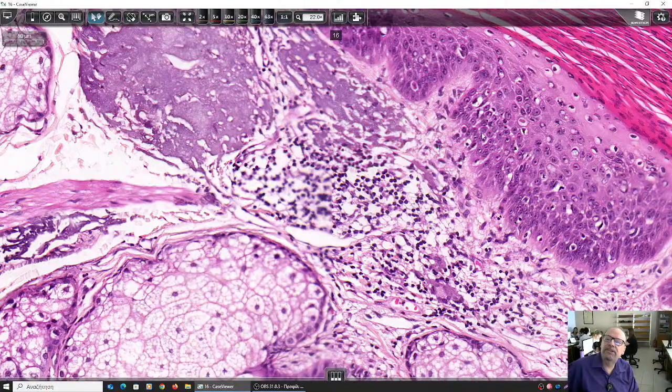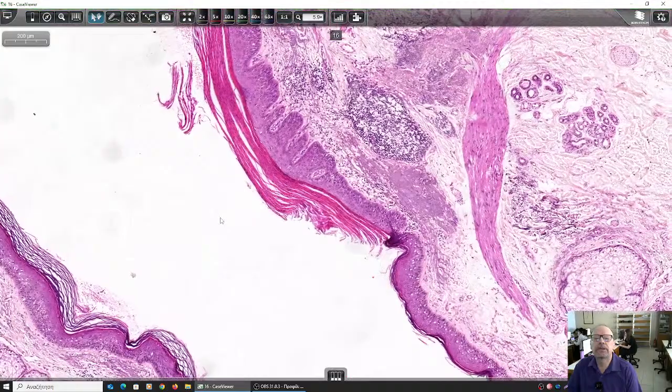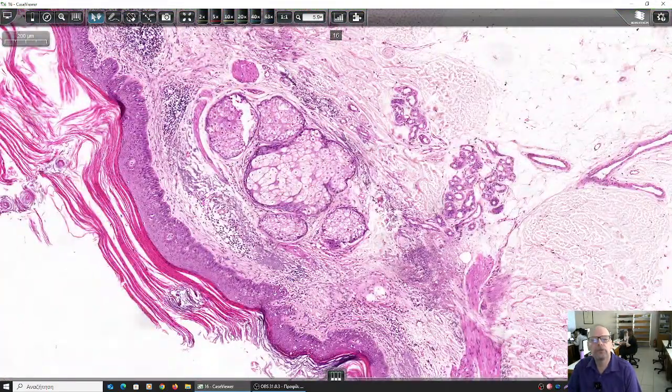Because all this is happening in the epidermis, look at these cells that have come. What are these cells? They're lymphocytes. The immune system got it that there is something wrong in the epidermis, so there are also some lymphocytic aggregates in the dermis. And all this pre-invasive lesion is called solar or actinic keratosis.